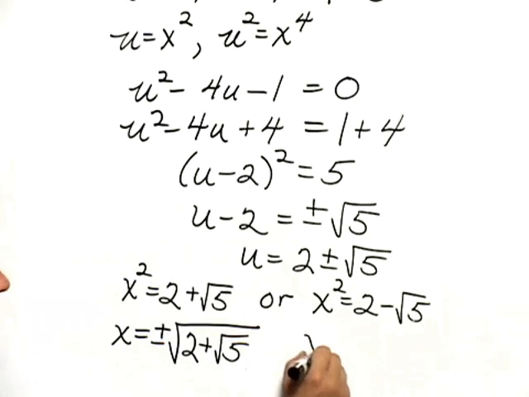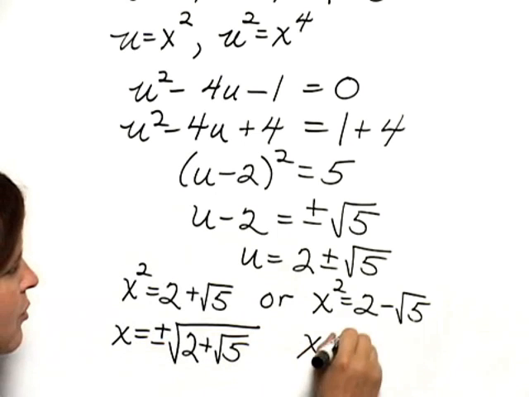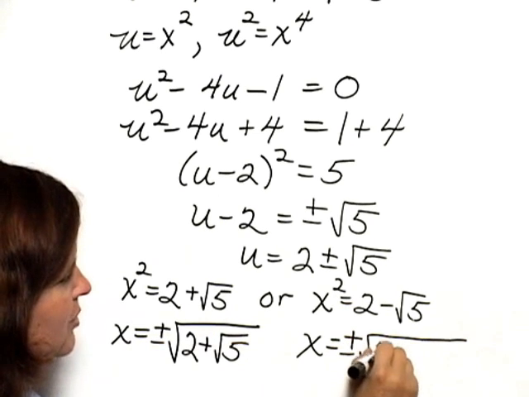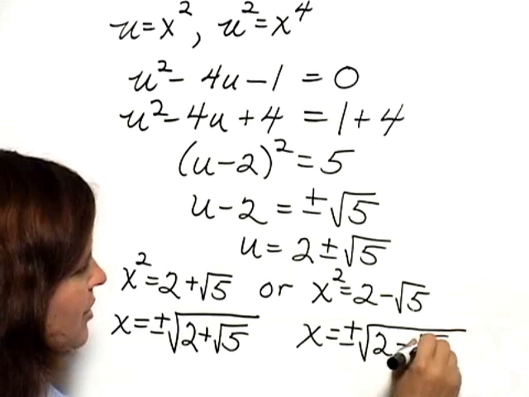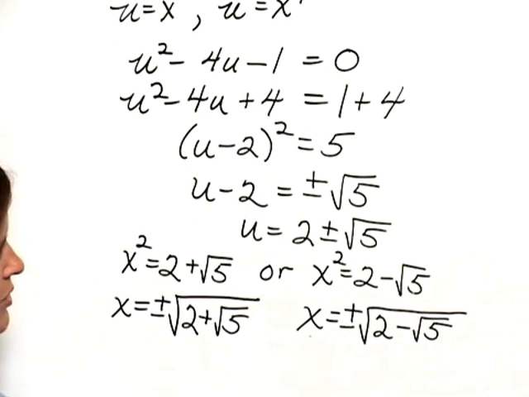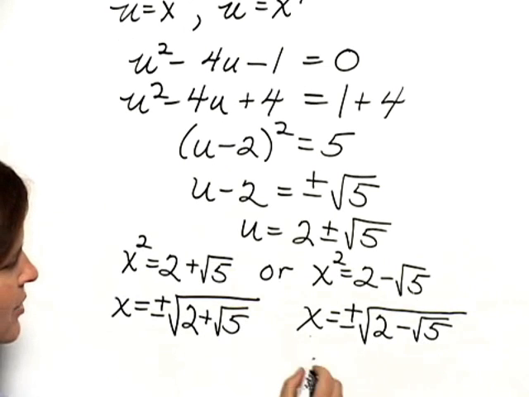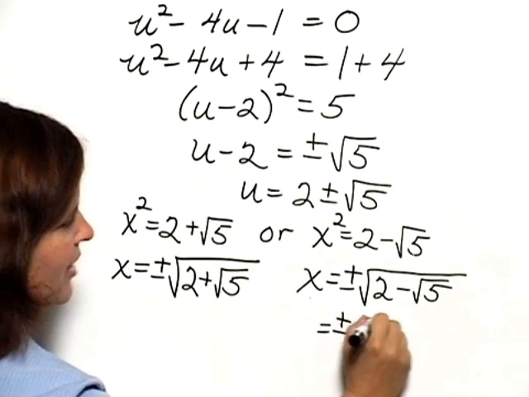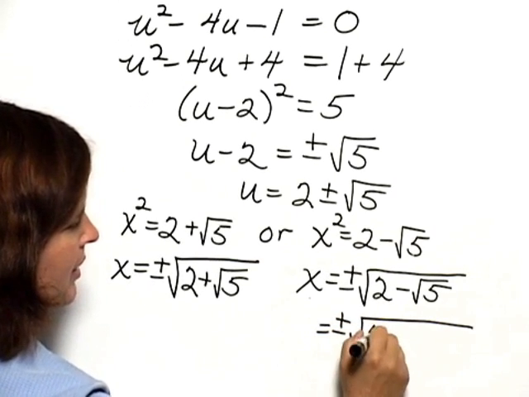I can still solve with the principle of square roots, but I have to do some simplification because I really have a complex number here. x equals plus or minus the square root of 2 minus the square root of 5. I want to factor out an i, so inside the parentheses, I am going to factor out a negative 1.